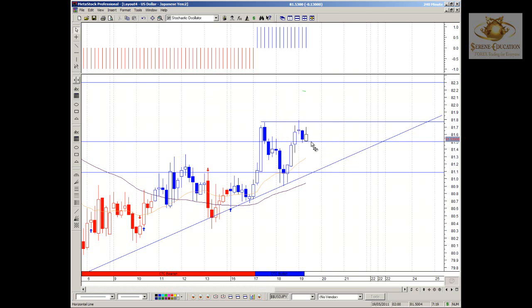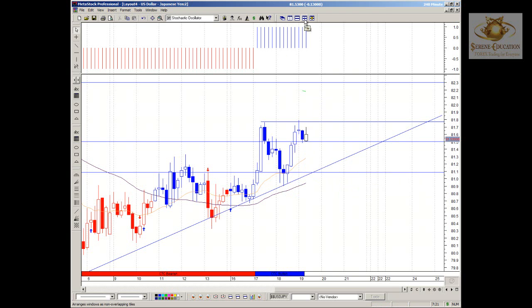This can be your support on a 4 hour. As long as it stays above that area or thereabouts, then we could expect another retest of the 81.75 mark quite soon. Failure to do so and break low, we'd see a possible reattempt of this trend line to the upside, anywhere within the 81.20, 81.30 mark for this pair.